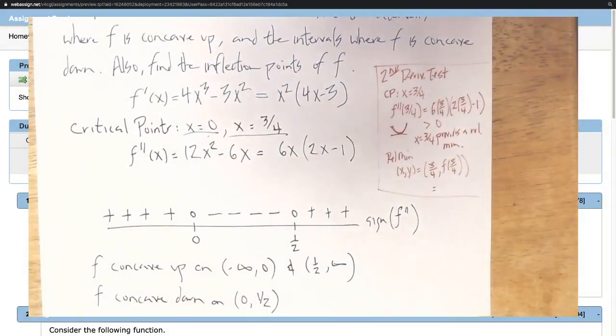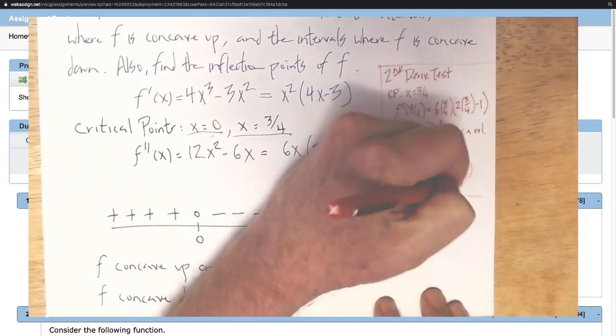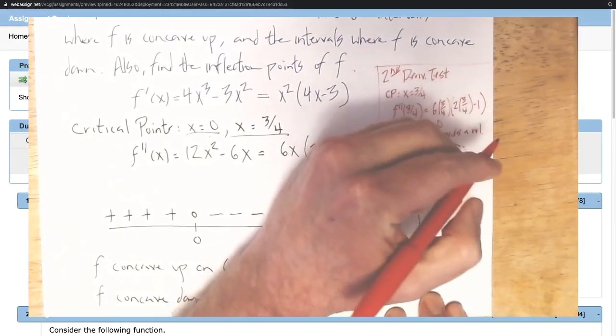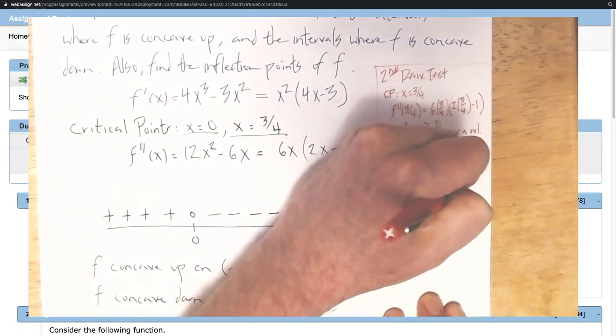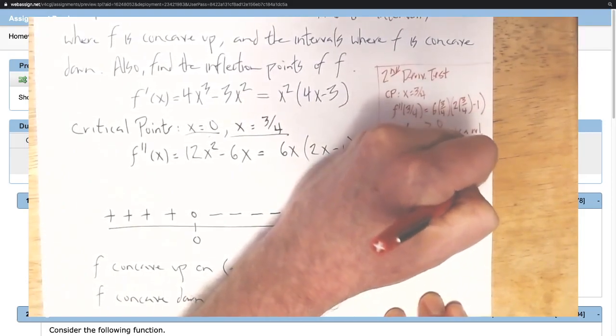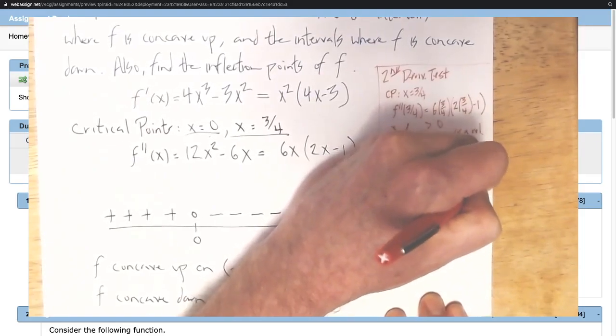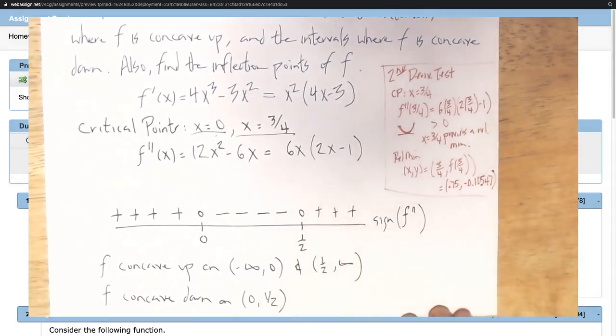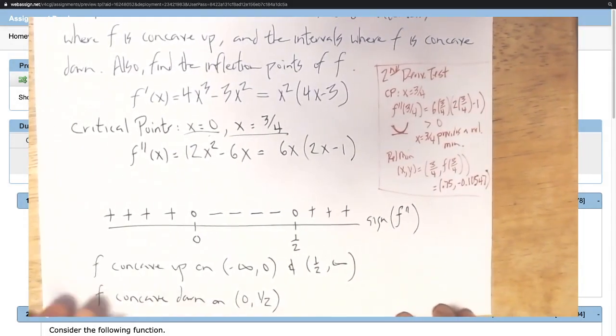I think I may have done that already. Let's see if I can find my notes here. Yeah, f of 3/4 turns out to be minus 0.0547, and I rounded that last digit. So that would be the relative minimum point on our graph.